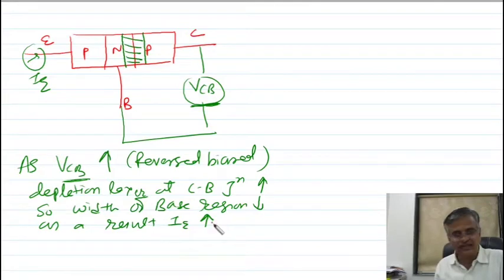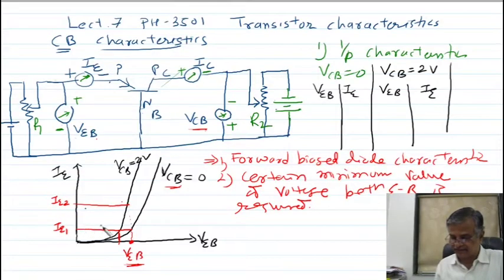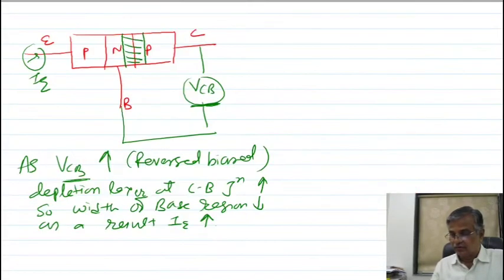Due to these reasons, it reflects in the graph. Now, what is the final conclusion? A certain minimum value of the voltage is required for the conduction of the transistor.